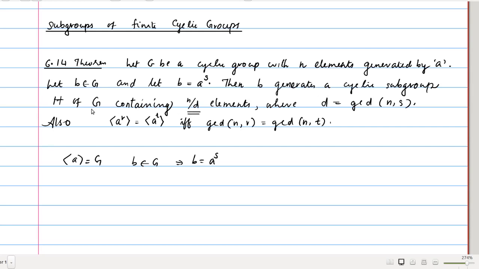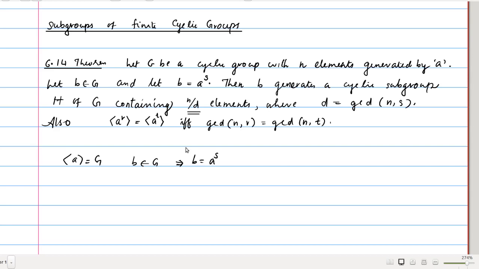This is very important: if B is equal to A raised to S, then the cyclic subgroup generated by B has exactly n by D elements, where D is the GCD of n and S. Moreover, we will prove that the subgroup generated by A raised to S is equal to the subgroup generated by A raised to T if and only if the GCD of S with N is the same as the GCD of T with N. So these two conditions are to be proved.